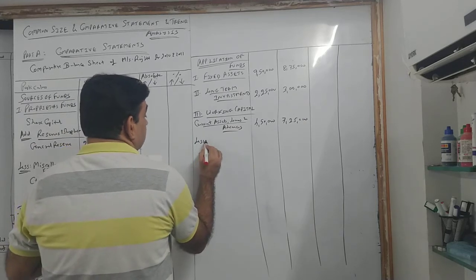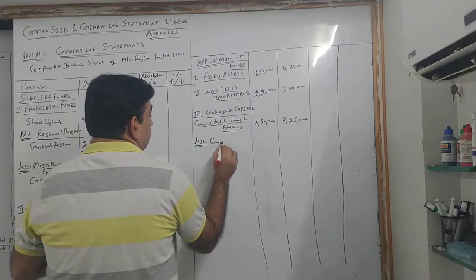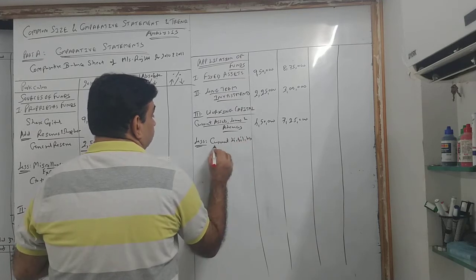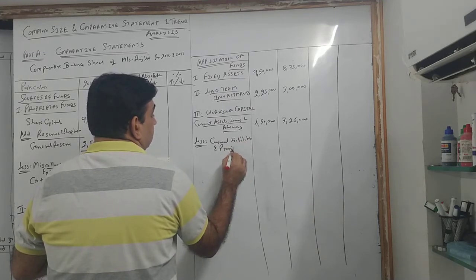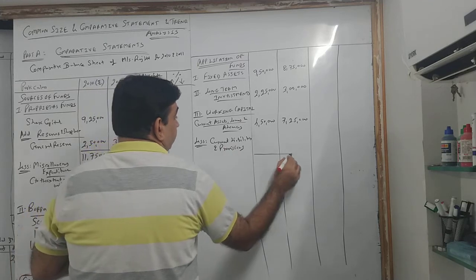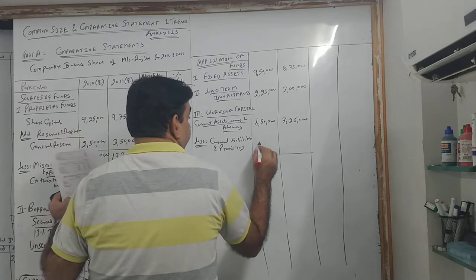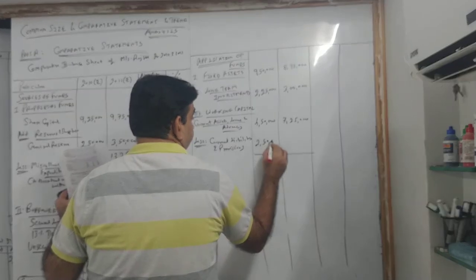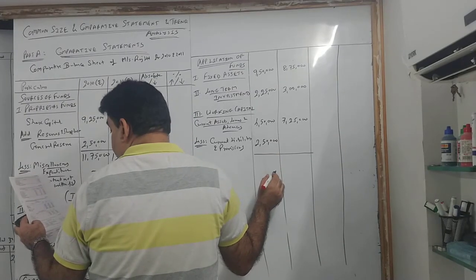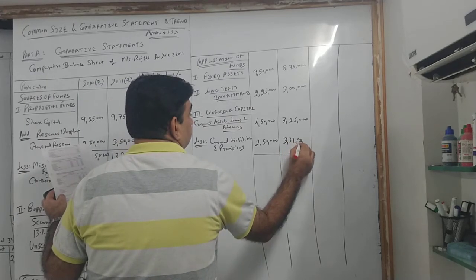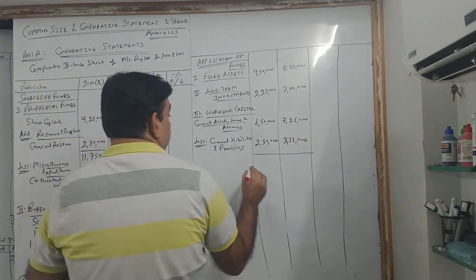So from this only I deduct current liabilities and provisions, which is how much? 2,50,000 and 3,31,000.